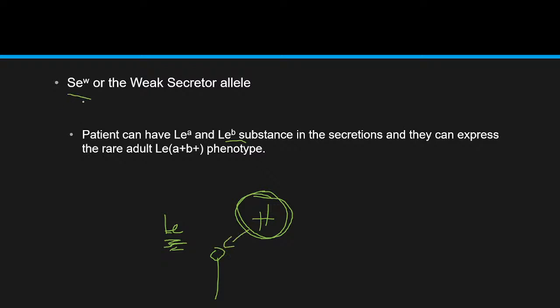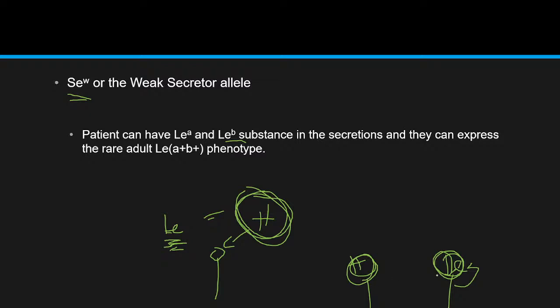But in the case of weak Lewis secretor alleles, they're almost at the same level. They're just as strong as each other. So there are almost equal or relatively equal amounts of H antigen and Lea antigens present in the cells.